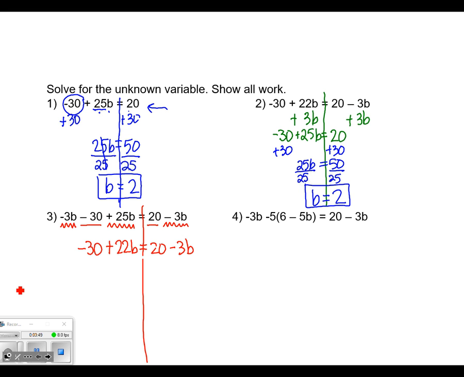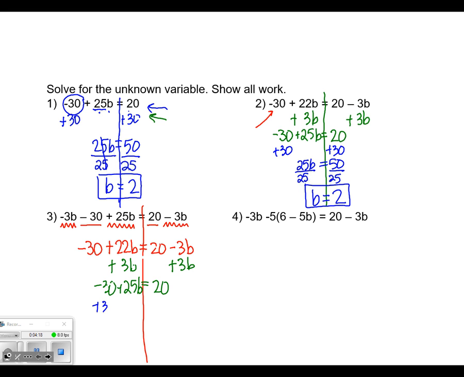3b. Where have I seen that before? Is that not that same equation? So what I needed to do there was get rid of this negative 3b, which gives me negative 30 plus 25b equals 20, which I've also seen before.